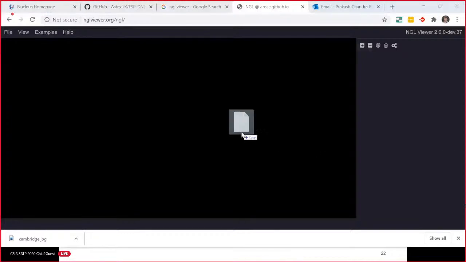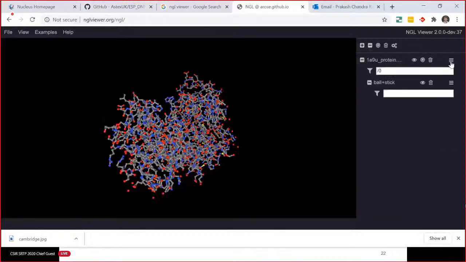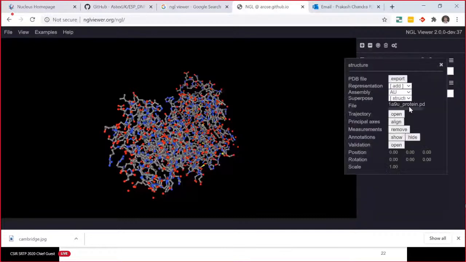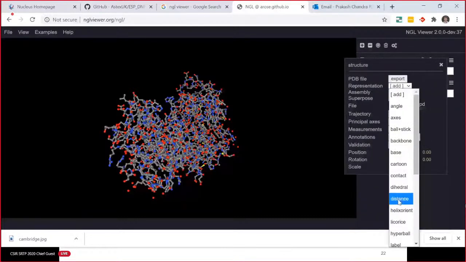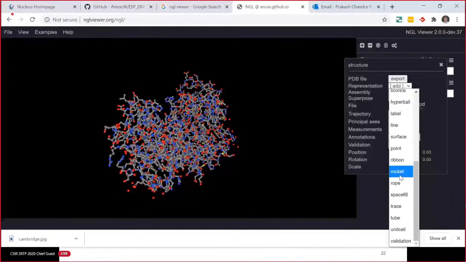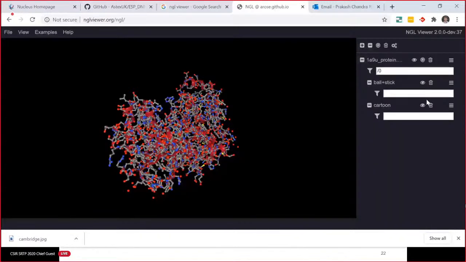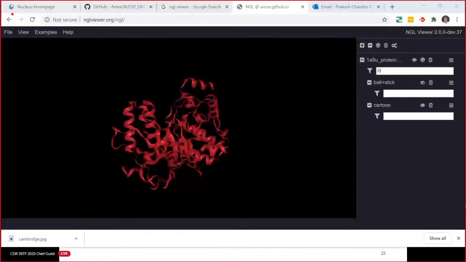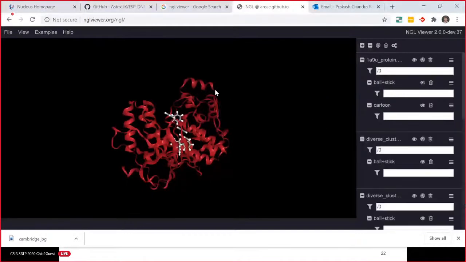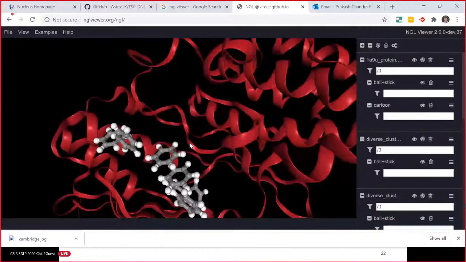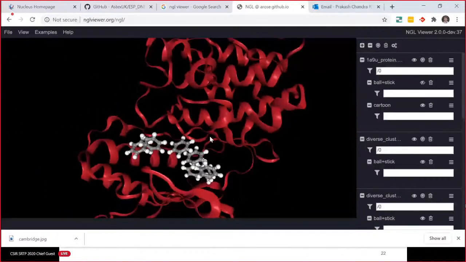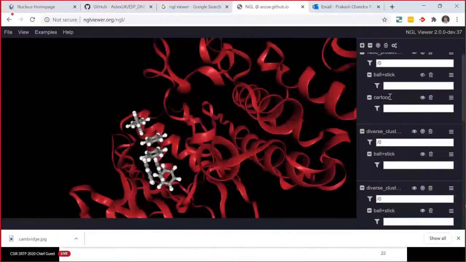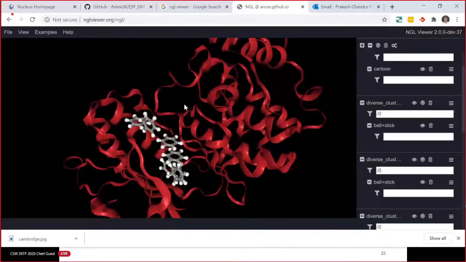So there's our protein molecule again, and maybe again see cartoon. And that's where it shows where your benzene molecule would like to bind. So you see all the clusters shown here.